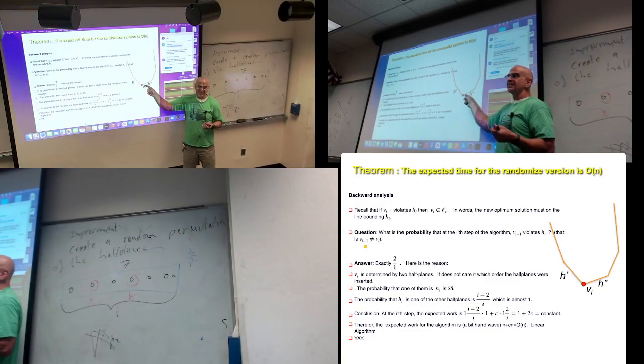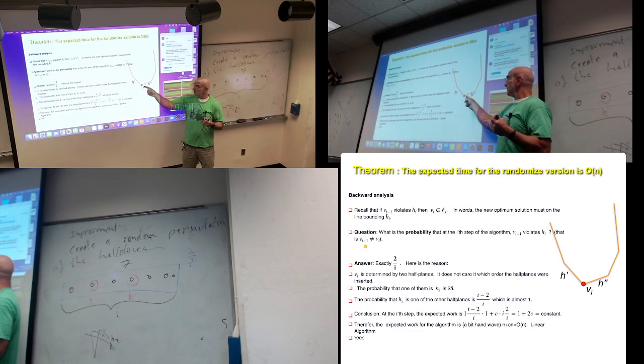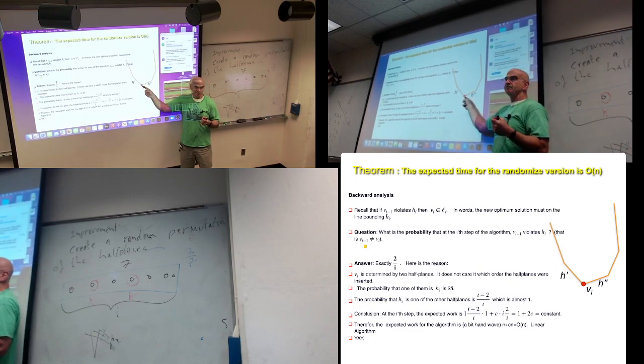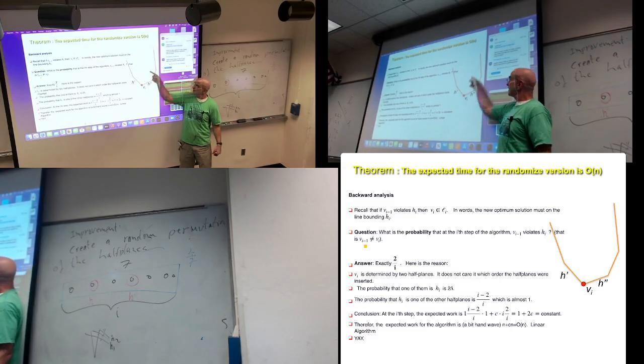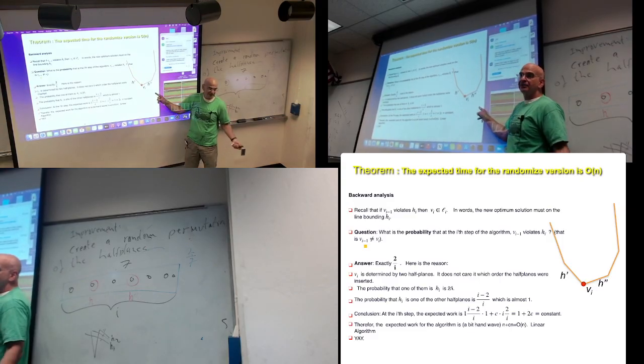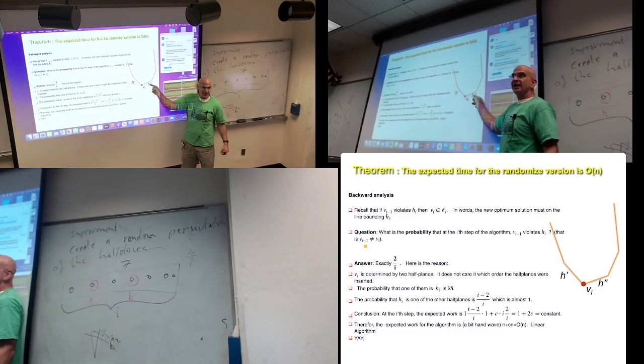That when I'm adding the 7th half plane, it is neither this one nor this one, but these ones are already inside. That's really brilliant. These ones are already inside. The chances are much higher. Which means that in the i step, if it's already inside, if I call this half plane, I don't need to do any work.